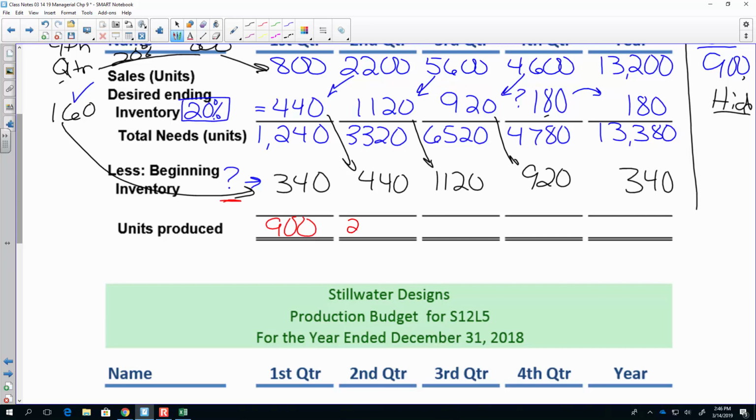Oh boy, 218.80. Say it again, Allison. 2,880. When I start carrying numbers, it's really hard for me. And the last one is 3.38.60. Whew.